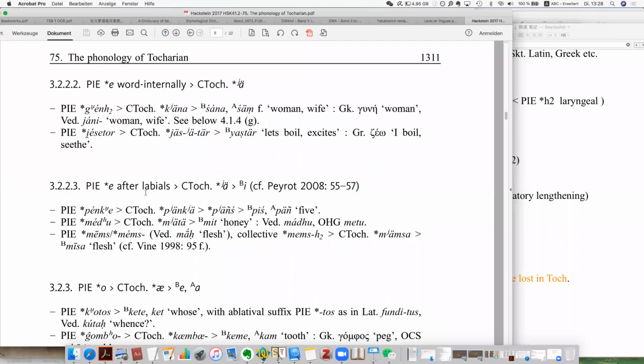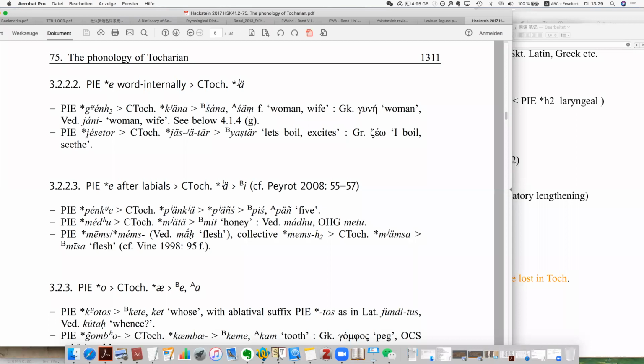And also, you see, there's another case: simple E, not lengthened, also has a palatal effect. So originally it is a g, and it will turn the g into a sh. So this sh is also a palatal consonant.